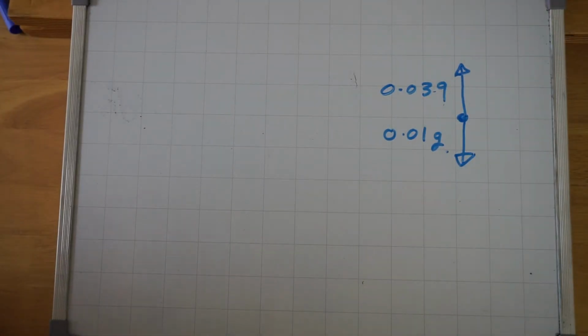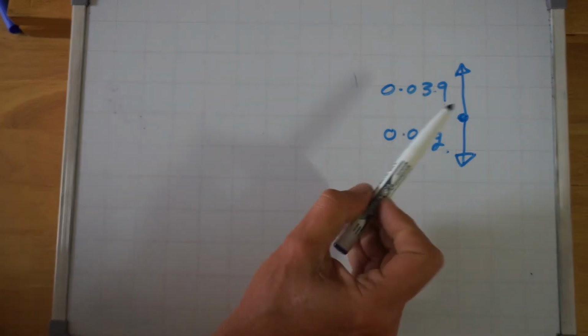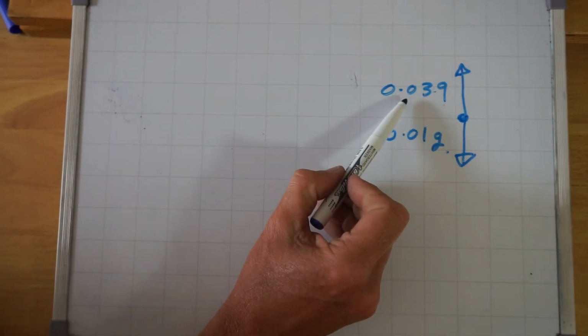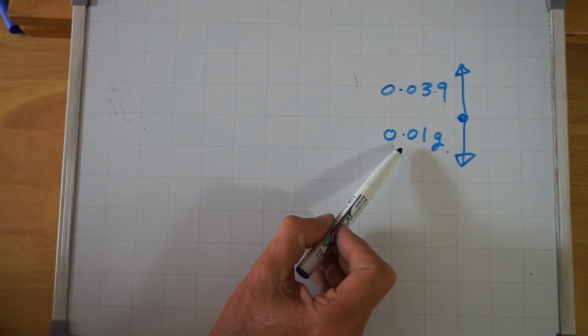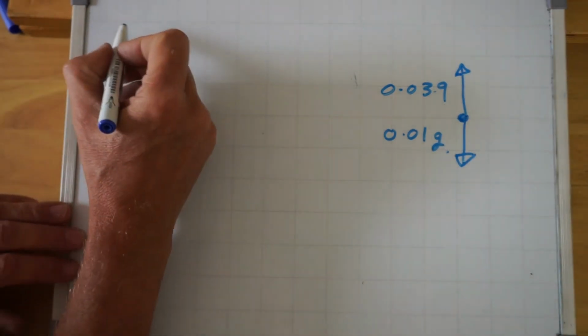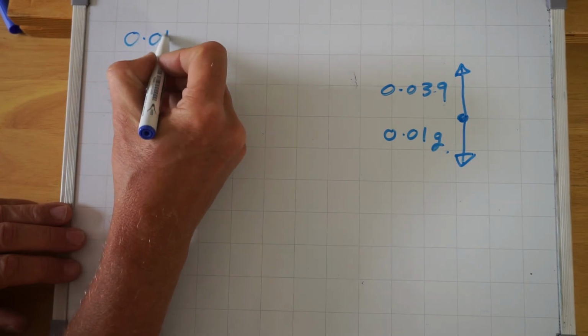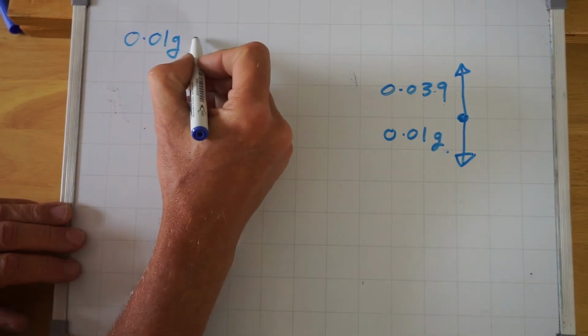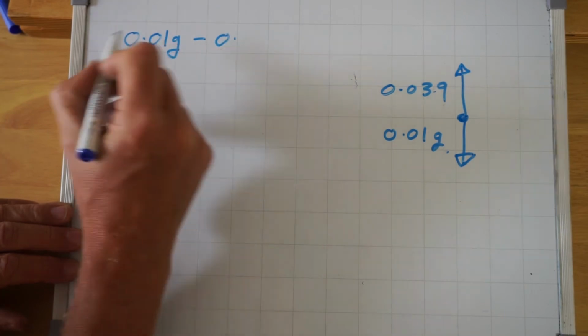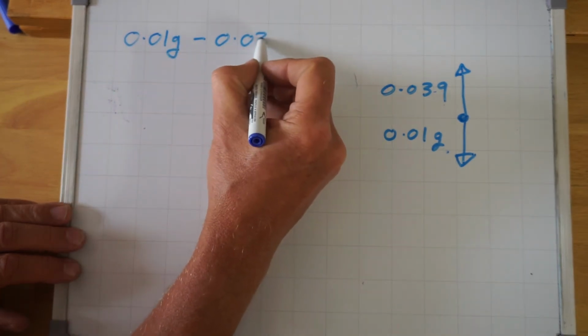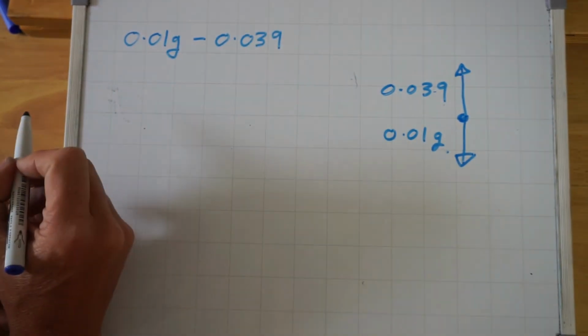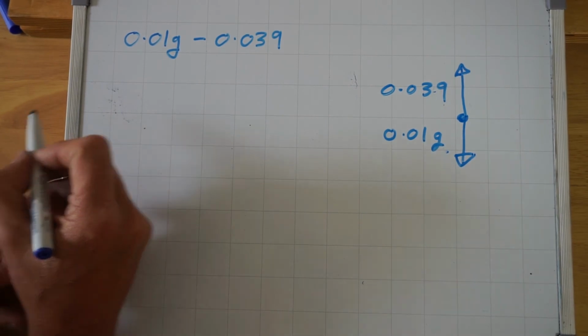The diagram shows the forces acting on the heavier cone. We're assuming a constant air resistance force which has the same magnitude as we determined in the previous experiment. The weight will now be 0.01 g. So the resultant force on the heavier cone will be 0.01 g minus 0.039, and that will be equal to the mass times the acceleration.